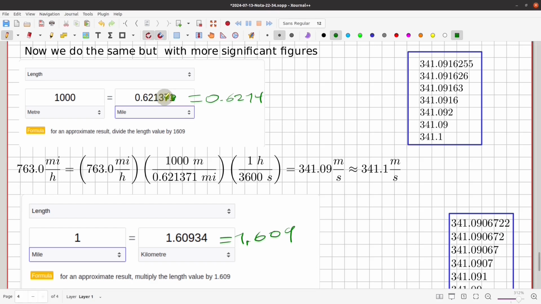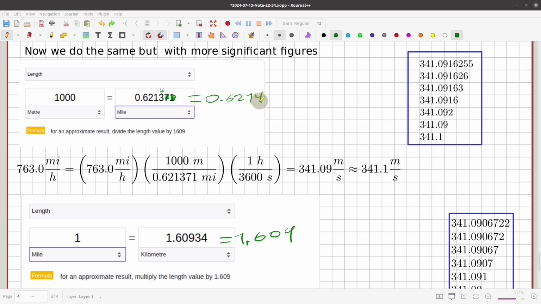We see that it is greater than 5. Then the 3 increases by 1, so it becomes 4. Finally, we get that this number, rounded to 4 significant figures, is 0.6214, the same that we used before.